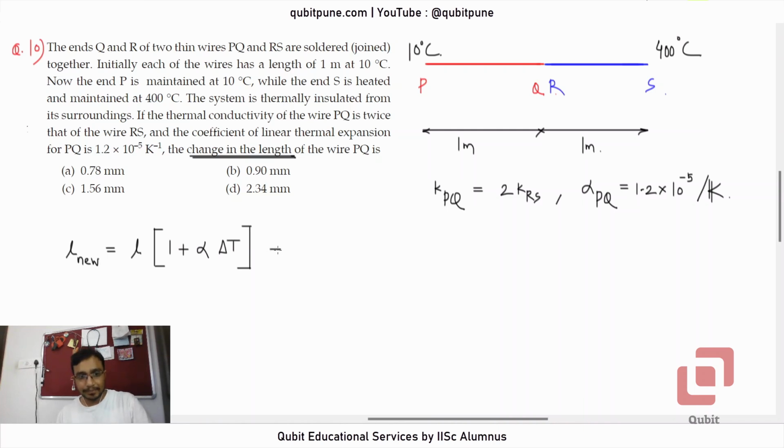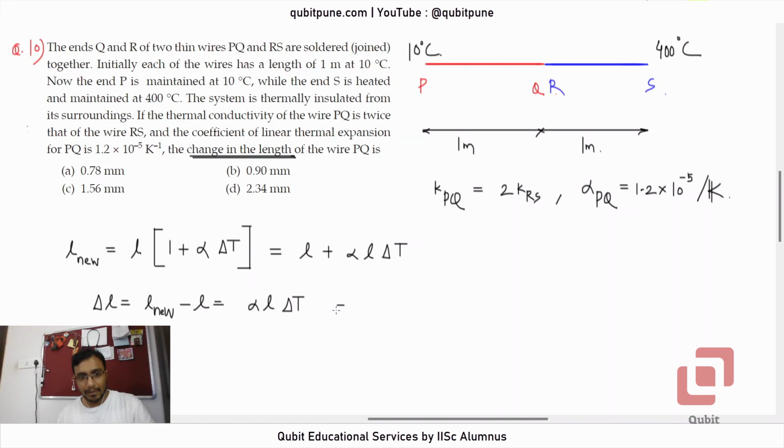L plus alpha L delta T. Now what do we want? We want change in length. Delta L has to be L new minus L, so that will be alpha L delta T.